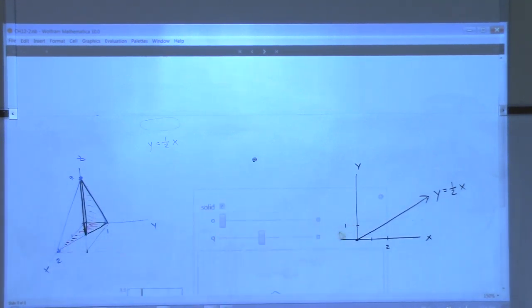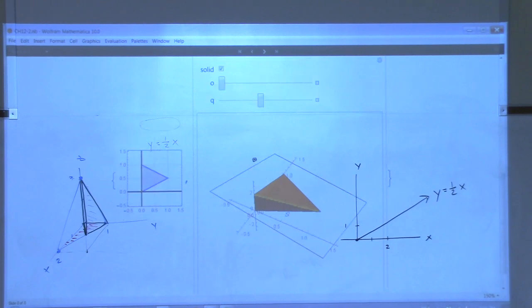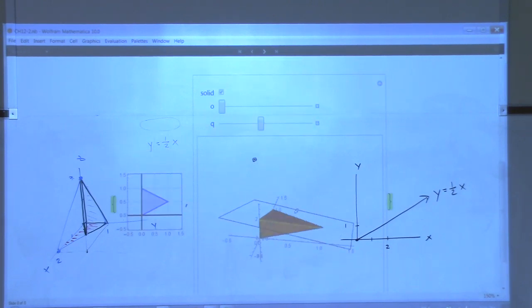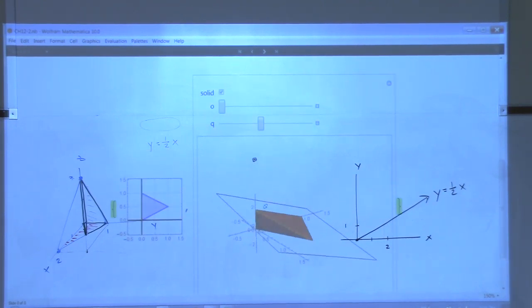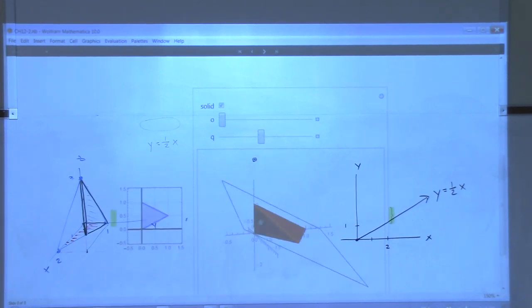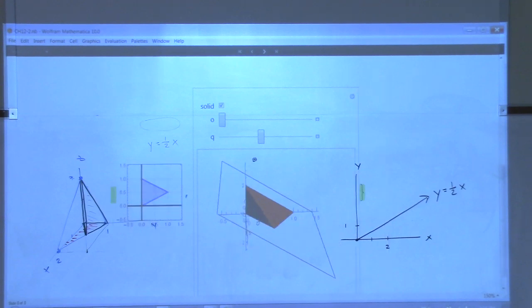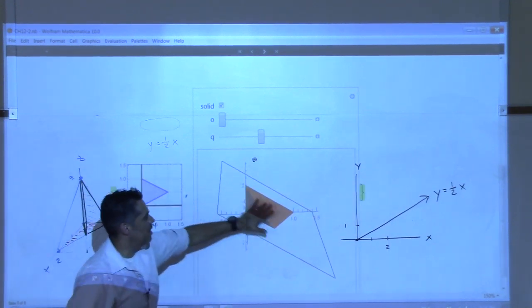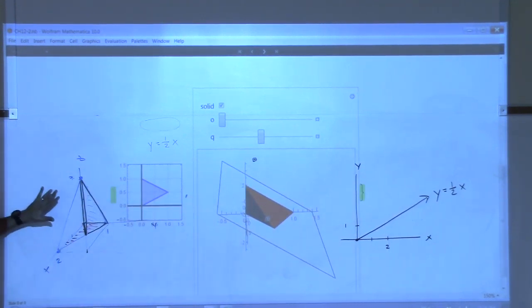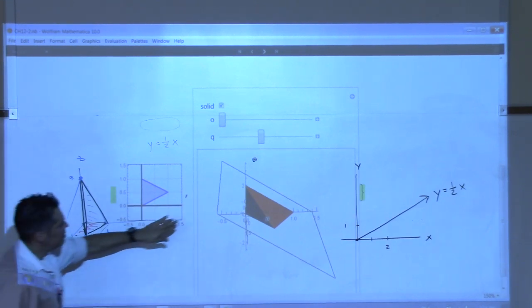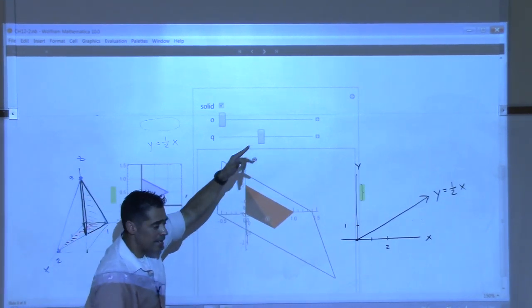I was trying to do this without any aids here, but we're kind of looking at it from this perspective right here. You all see that? So this surface right here is that plane equation.